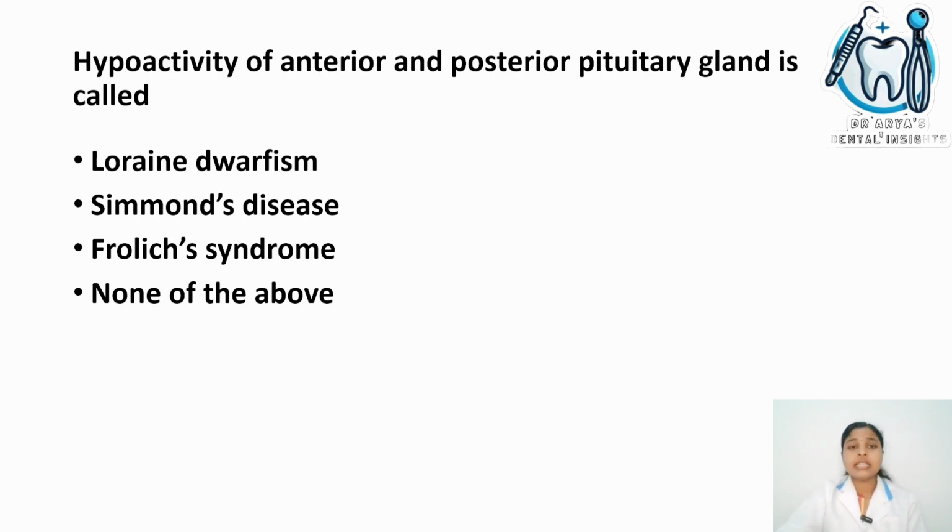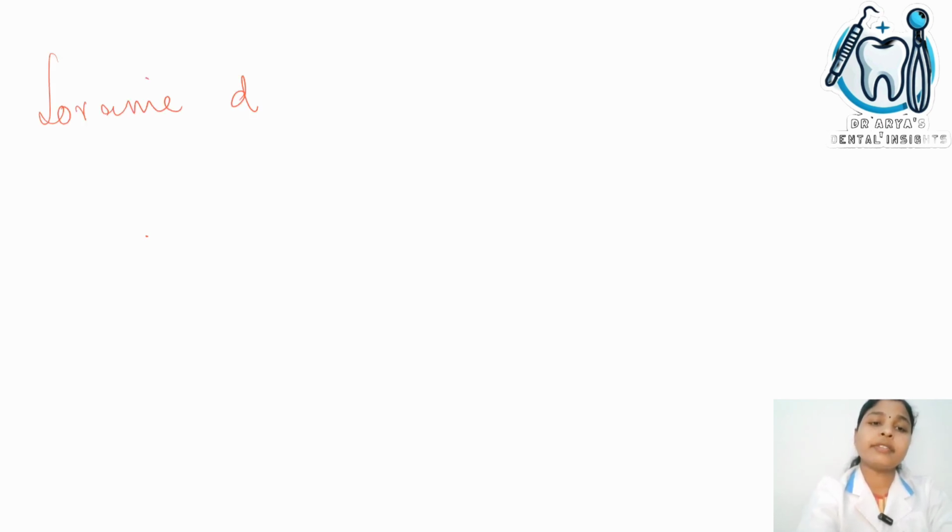So next question. Hyperactivity of anterior and posterior pituitary gland is called Lorraine dwarfism, Simon's disease, Froelich syndrome, none of the above. So what is Lorraine dwarfism?